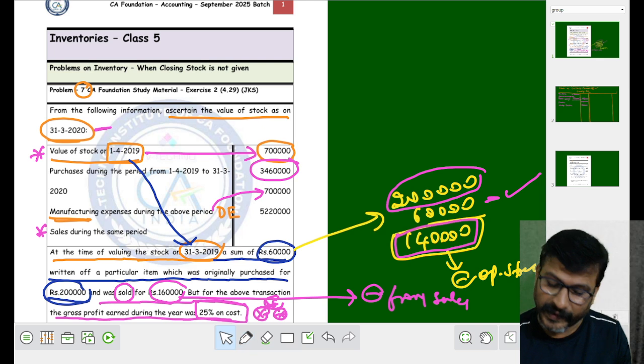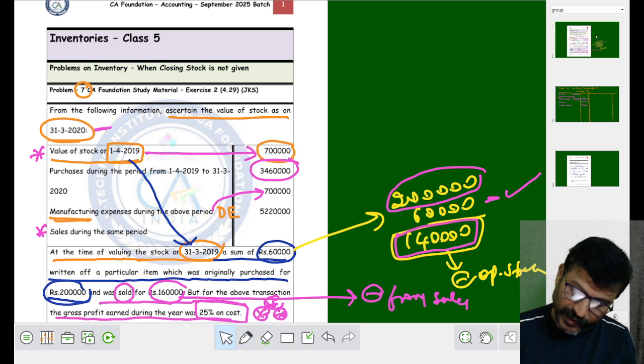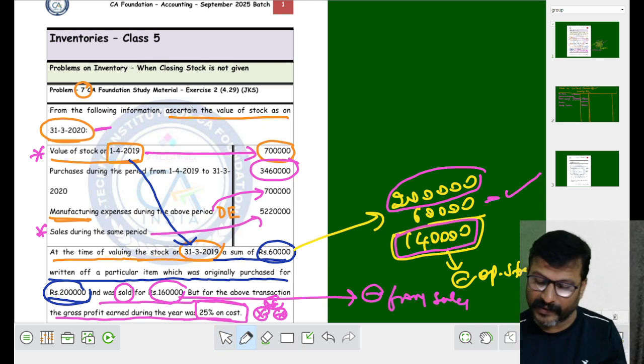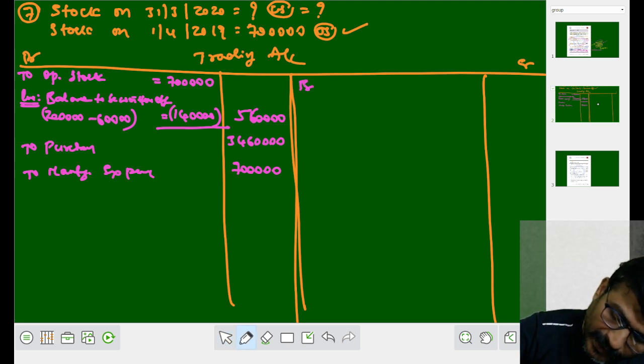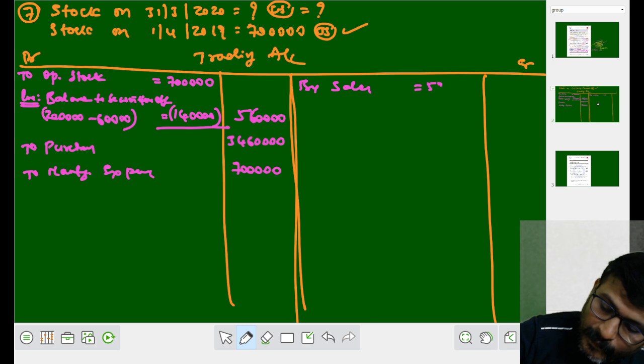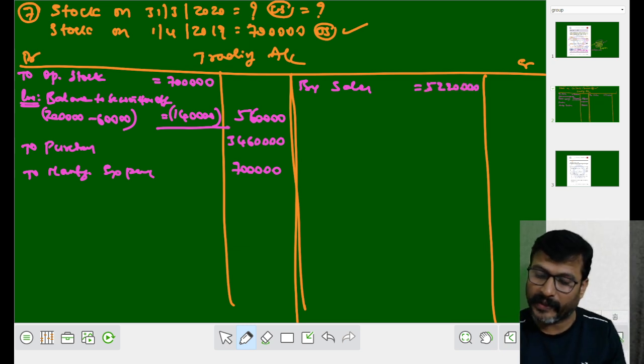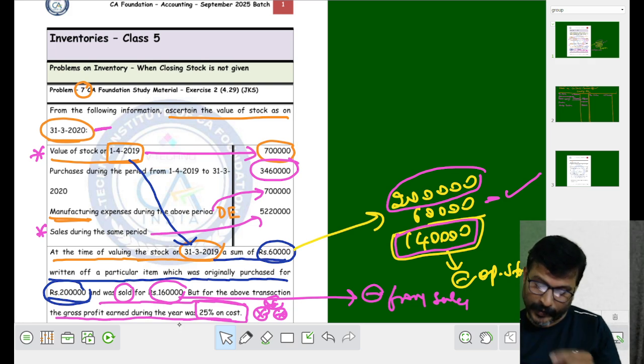Fine. Then next, sales during the year is 52 lakh 20,000. Where to take the sales? On the credit side. 52 lakh 20,000. Out of the sales, how much do we have to subtract?